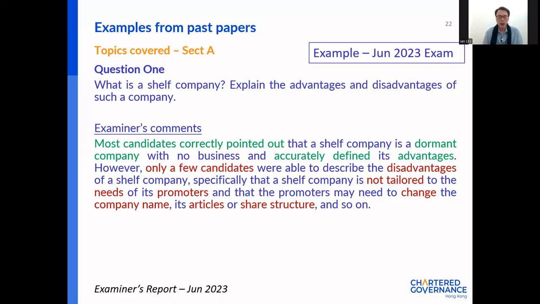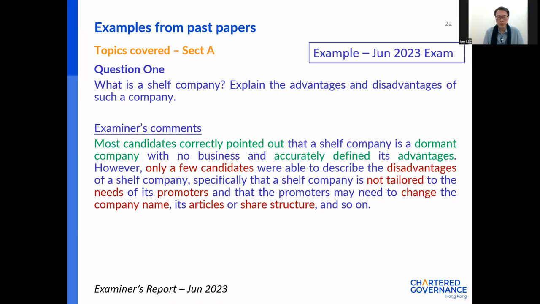Okay. However, only a few candidates were able to describe the disadvantages of a shelf company, specifically that a shelf company is not tailored to the needs of its promoters, and the promoters need to change the name and its articles or share structure, and so on. So a shelf company has a standard setup, standard structure, and standard set of articles of association, of course, okay?